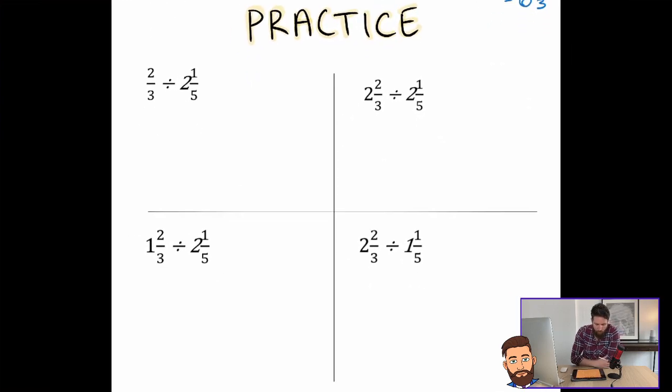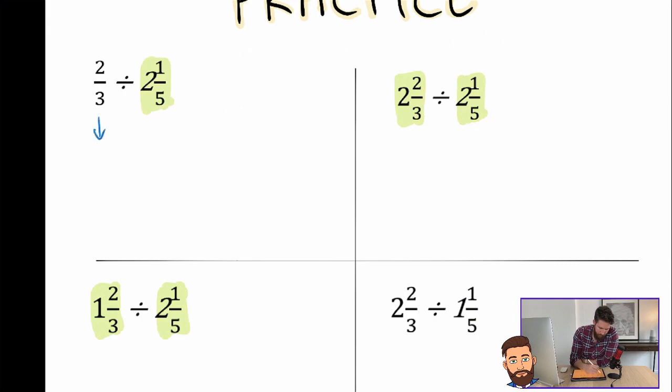Which leaves you with 4 questions to practice. Where you can use those same methods. Whenever you've got a mixed number, you need to change it to a top heavy. So if we look at this one, you just have to be careful, that's 2/3.